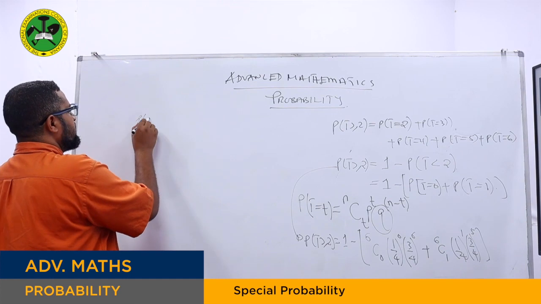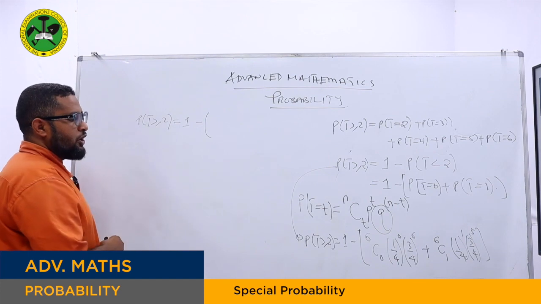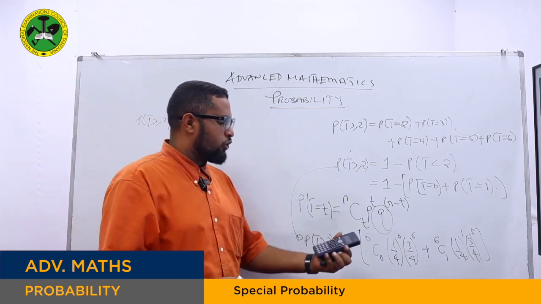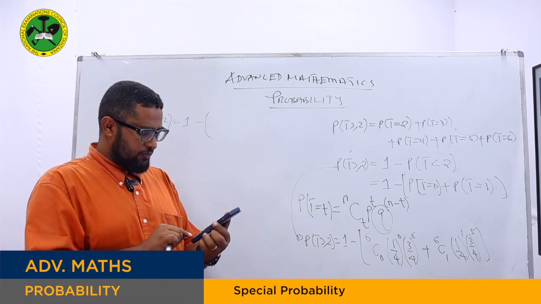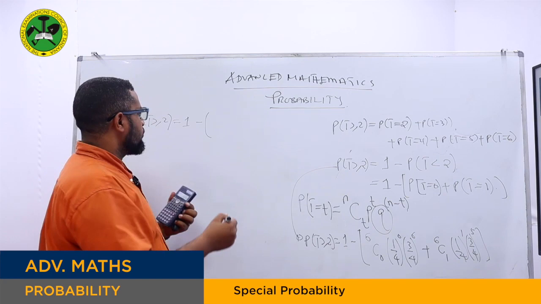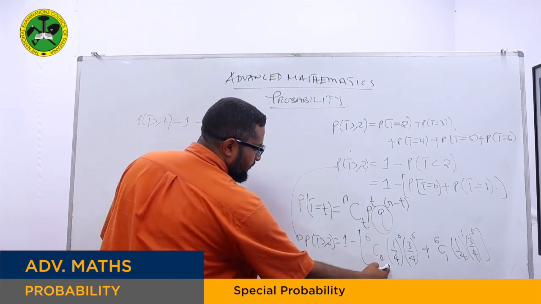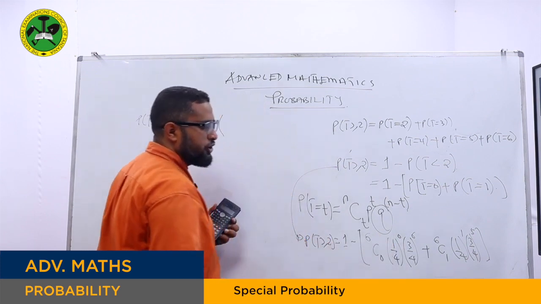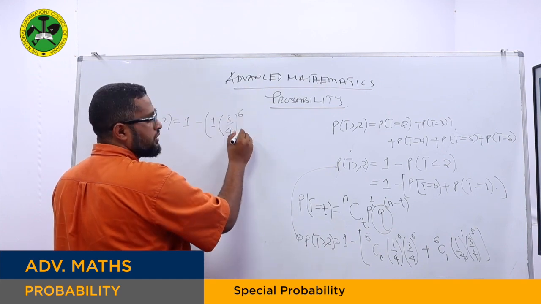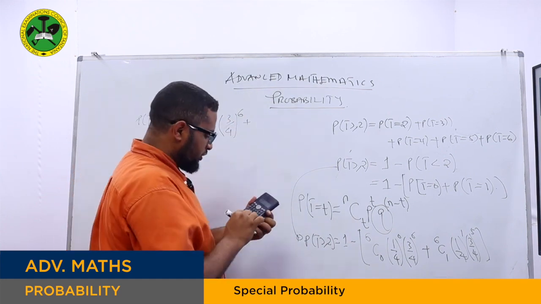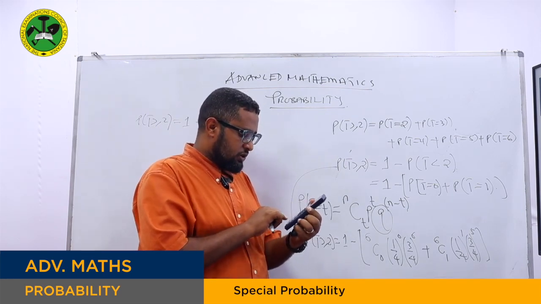So let's proceed. Probability greater than or equal to 2 will be equal to 1 minus. Now using calculator, 6 combination 0 is always equal to 1. So it is 1 over 4 to the power 0, which is also equal to 1. We have 3 over 4 to the power of 6. We plus 6 combination 1. So again, use your calculator, take 6 combination 1.